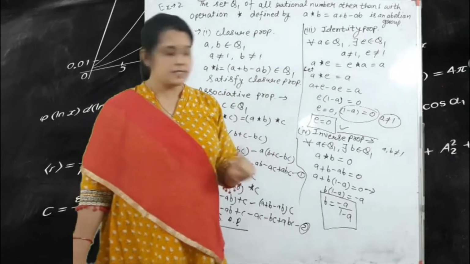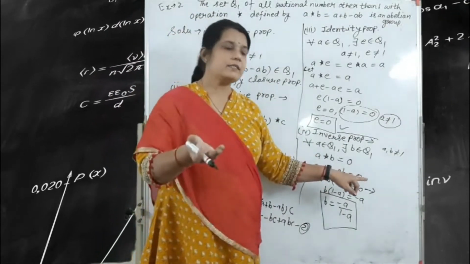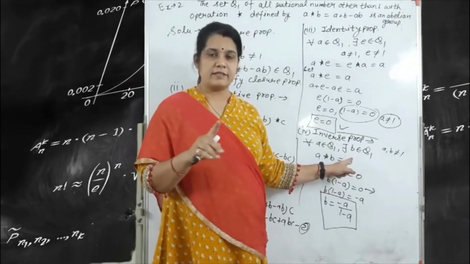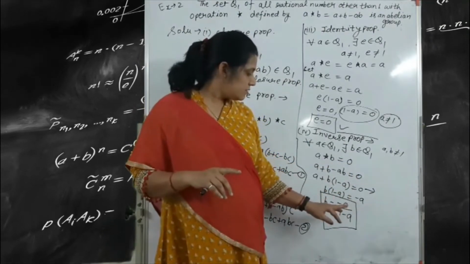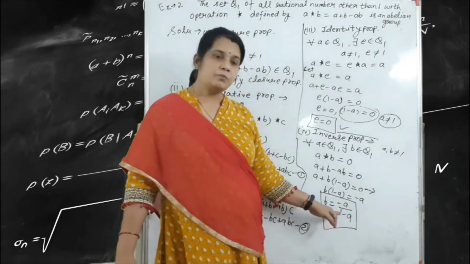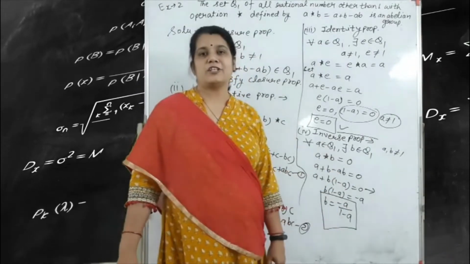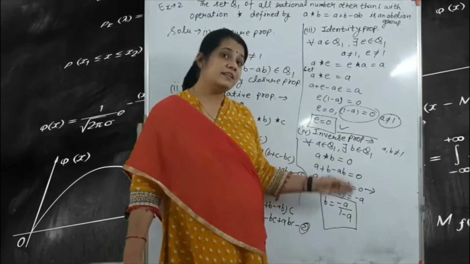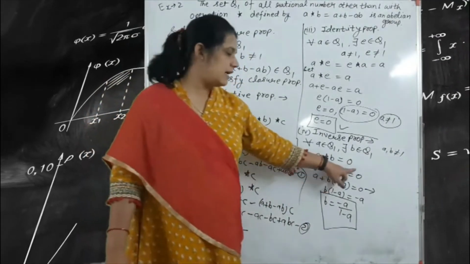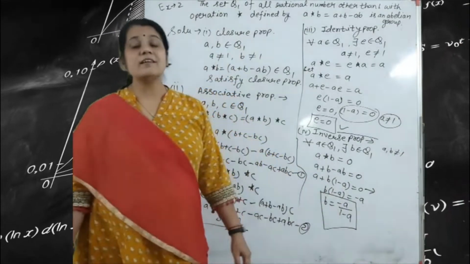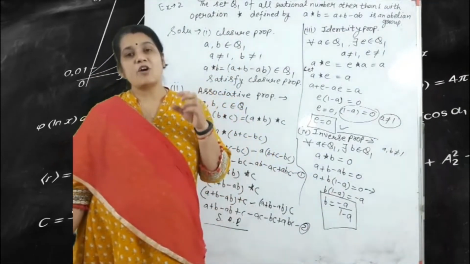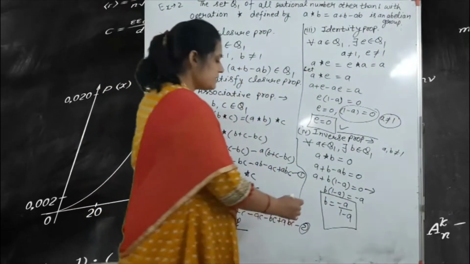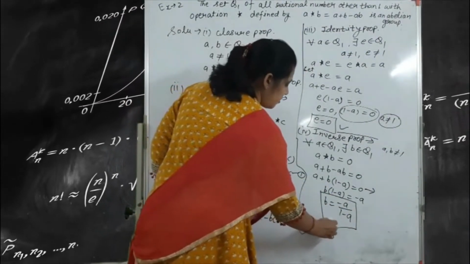First, always write the identity element on the right hand side; here we have already found it to be 0. Next, put your inverse according to your equation and check that you get the identity element. Yes, we get the identity element. That means this is the inverse. So the inverse of A is equal to minus A upon 1 minus A. That means this satisfies the inverse property.